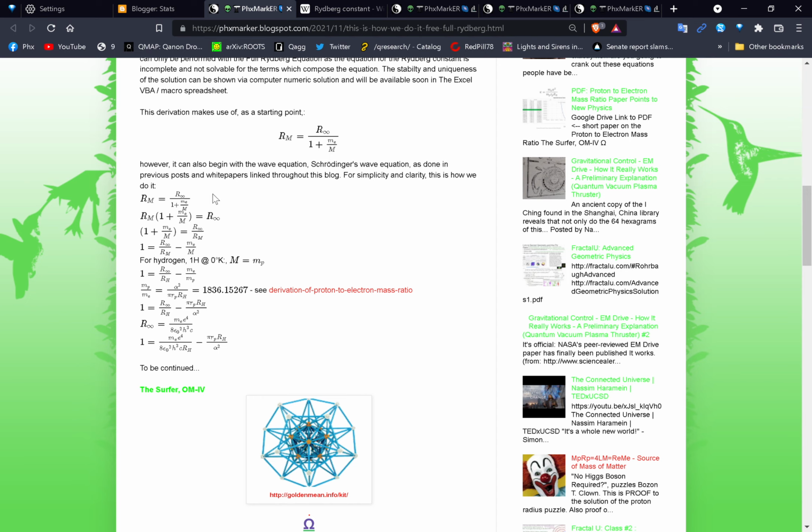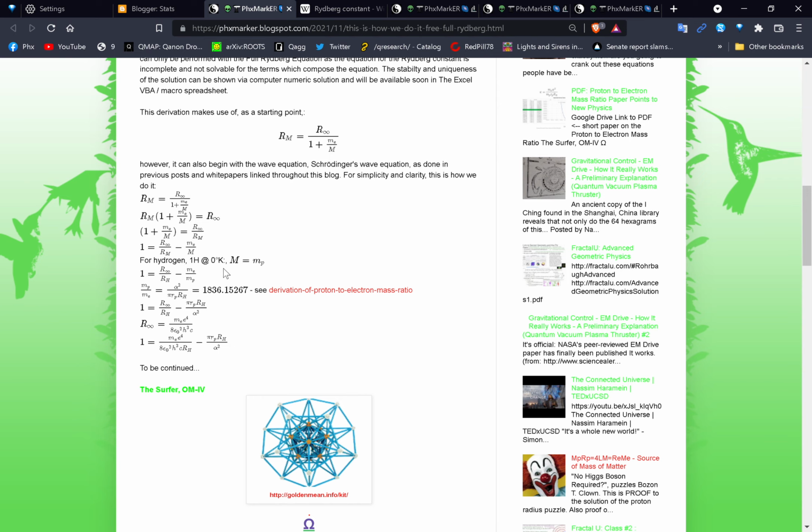So you can see I just multiplied both sides by the denominator, and bing, you get that. And then divide by Rm, so then I end up with 1 equals this ratio minus the mass of the electron to the mass of the nucleus, which for hydrogen is the mass of the proton.